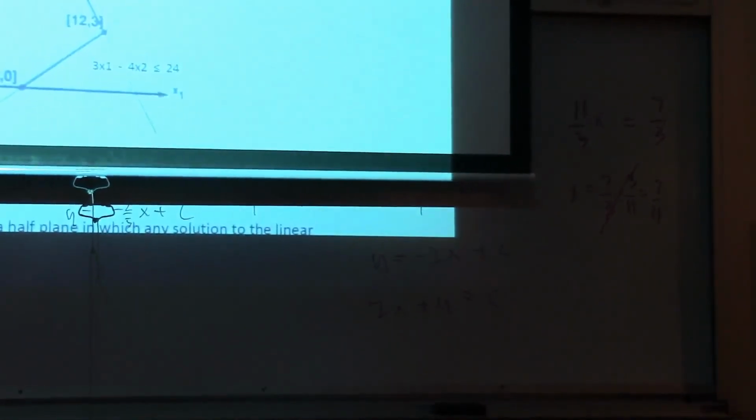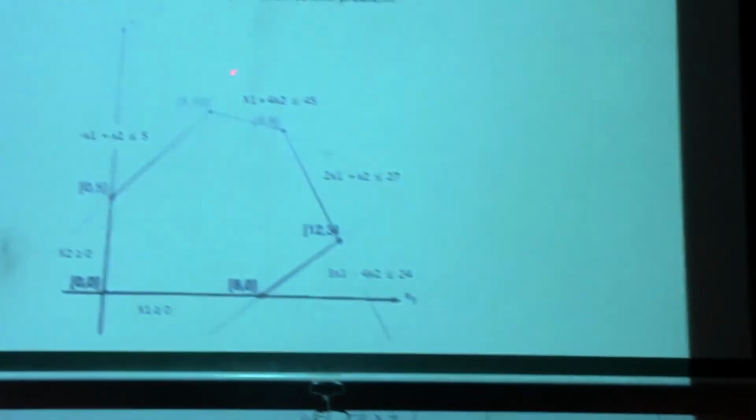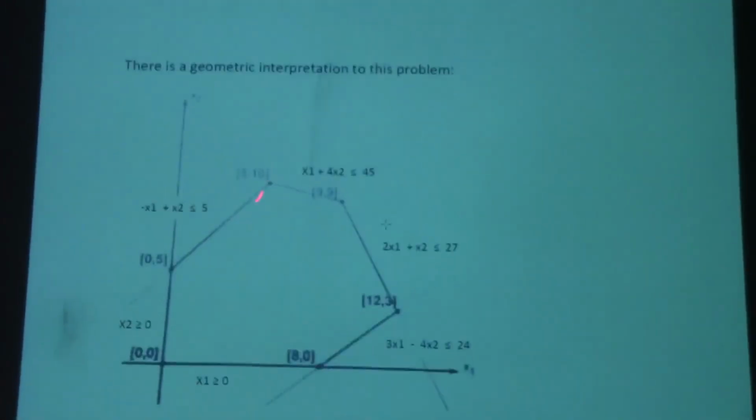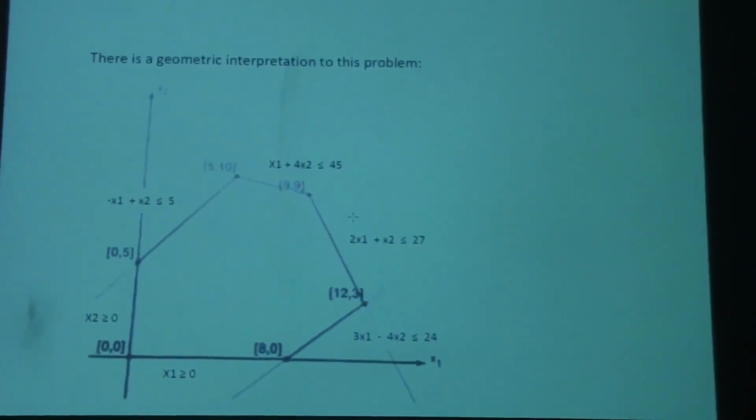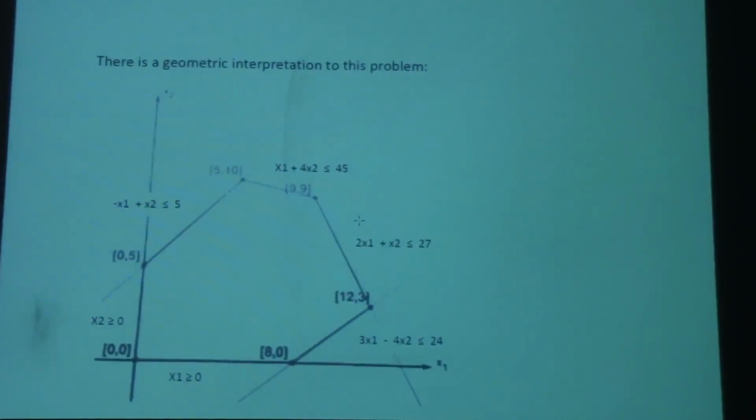The probability of that is relatively small, so usually the solution is going to be along one of these points. And certainly if you're hitting an edge, then you can choose any point on that edge. So if you're on the edge, then any point on the edge has the same value to maximize. All right?